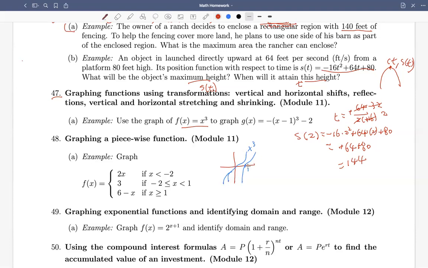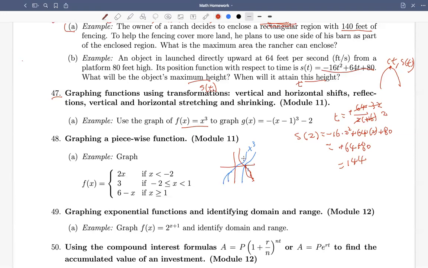So now this part becomes down here, symmetric with the x-axis. Oops, I didn't draw it right. More like this, right? Then this part comes up now, like this. So that's symmetric with the x-axis, and that's the reflection.